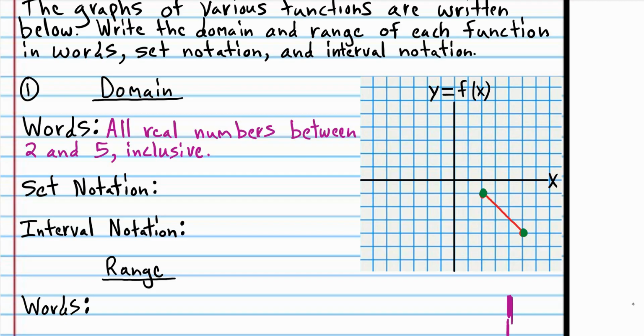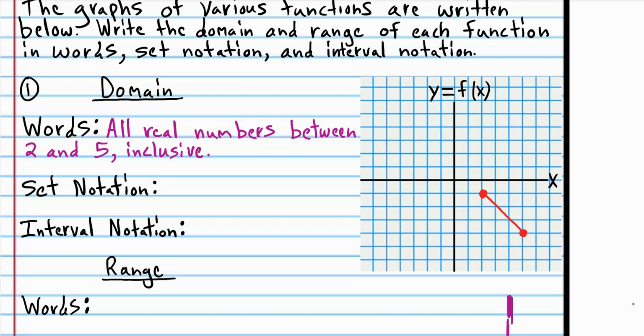So 2 and 5 are also in the domain. That's what we mean by inclusive. So all the x values between 2 and 5, but also 2 and 5 are part of the domain. So again, we're talking about the horizontal, we're talking about the x values from 2 to 5. I went a little too far there. 2 to 5, the x values of the points go from 2 to 5.